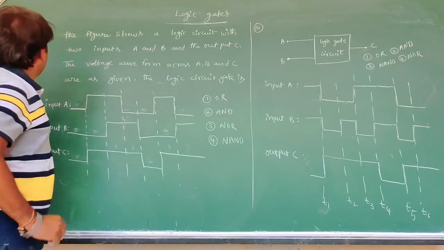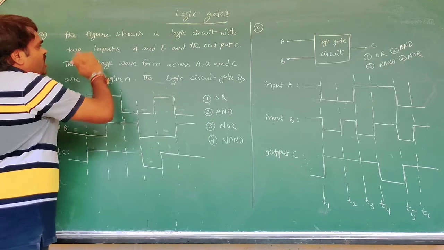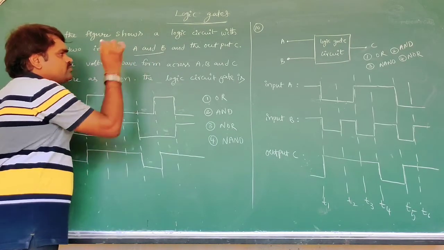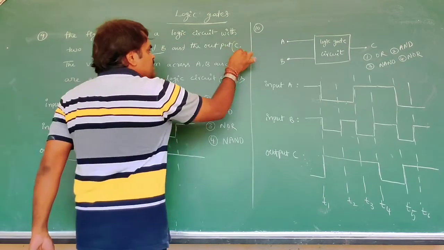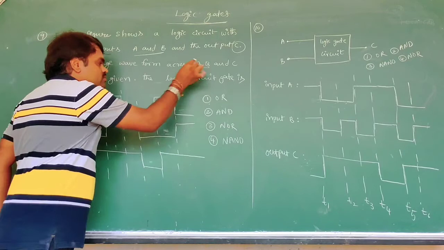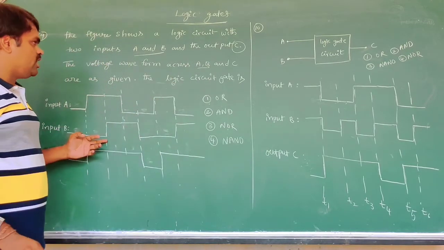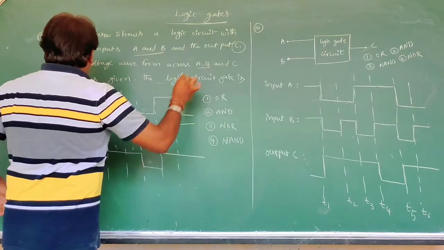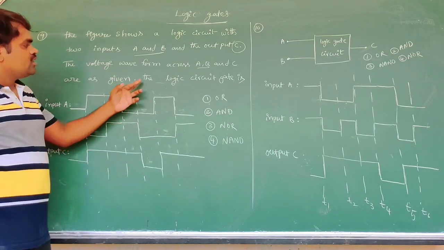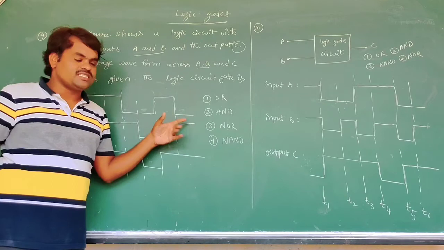This is the 9th one. The figure shows a logic circuit with two inputs A and B and the output is C. The voltage waveforms of the inputs A, B and the output C are as given.